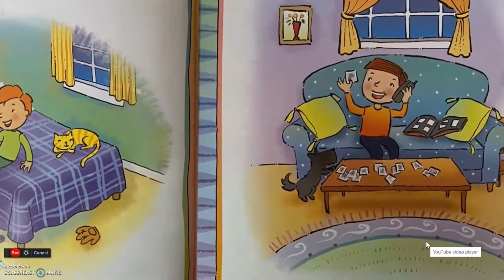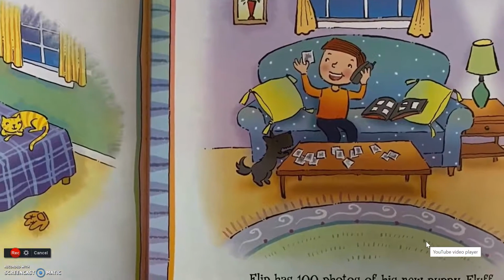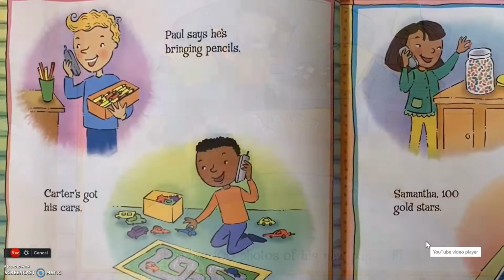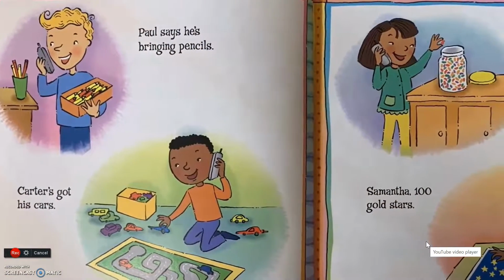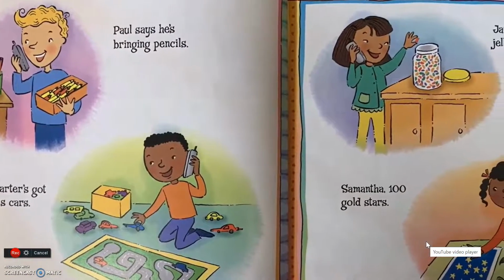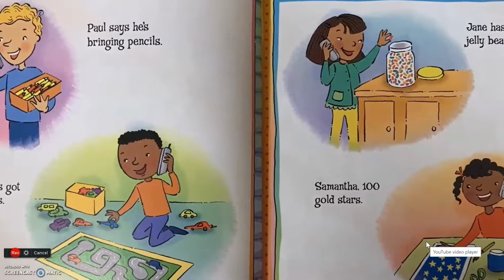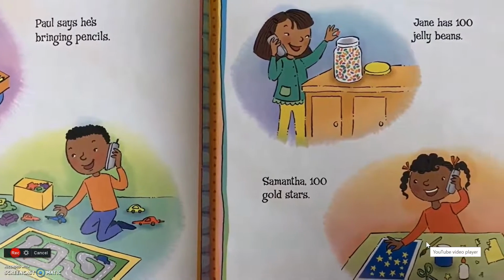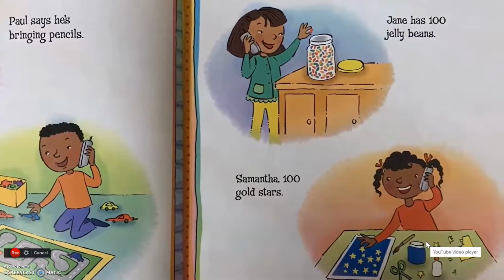What are you bringing? Flip has 100 photos of his new puppy Fluff. Paul says he's bringing pencils. Carter's got his cars. Jane has 100 jelly beans. Samantha, 100 gold stars.